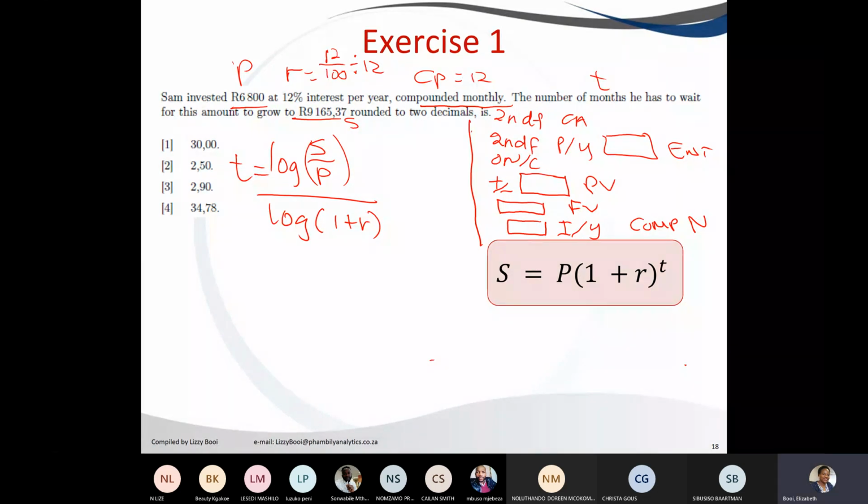For those who are using the financial calculator, you just use 12 as it is. So this is your present value, your I/Y, your compounding periods, which are your P/Y, and your future value, which is your FV.